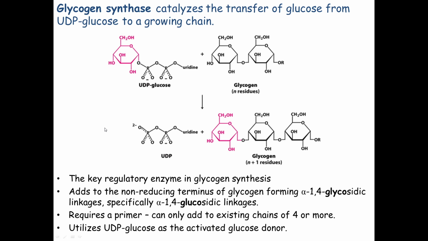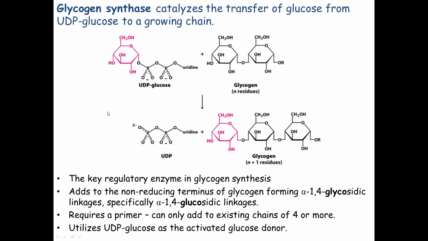Okay? But this again, just like I want to make a reference to our RNA or DNA synthesis, it requires a primer. You can't just put this on another glucose. It has to have a long chain already there that this enzyme, glycogen synthase, recognizes and adds one more to.